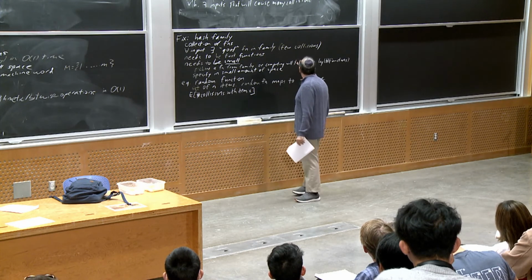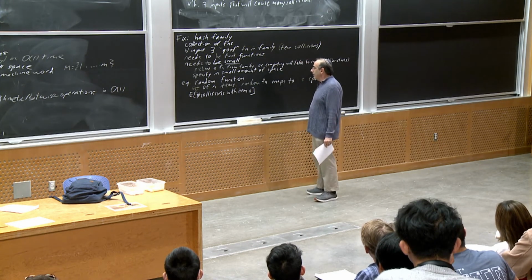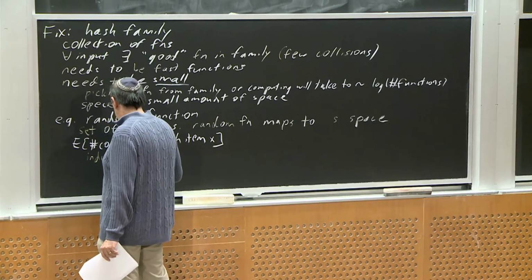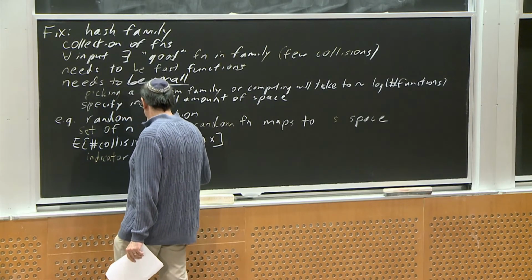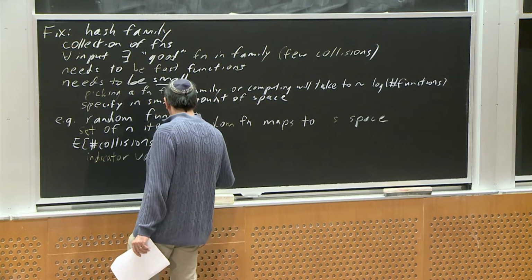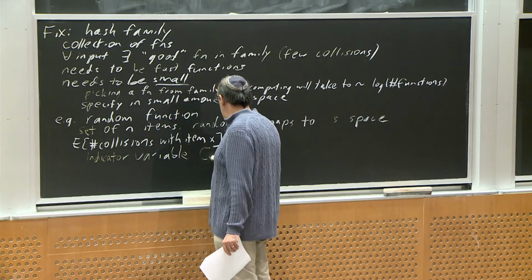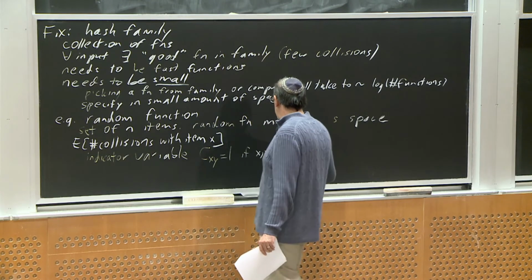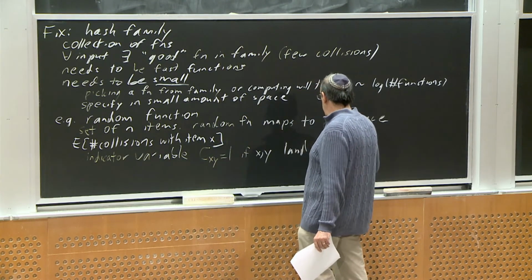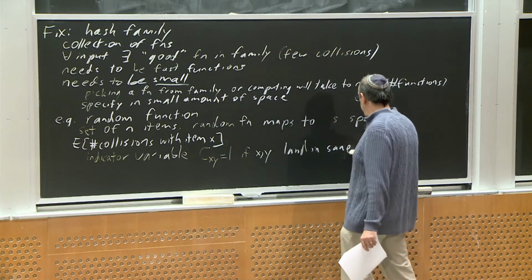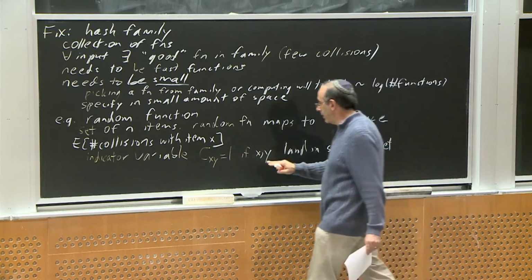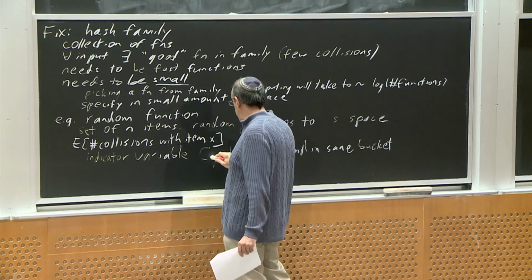But to formally analyze this, I'm going to introduce an indicator variable, and this is one of the key concepts. I will write Cxy equal 1 if x and y land in the same bucket. Actually, sorry for my notational consistency with my notes.